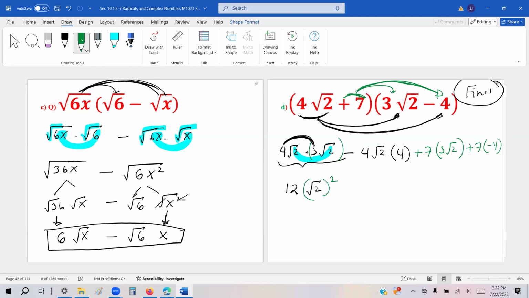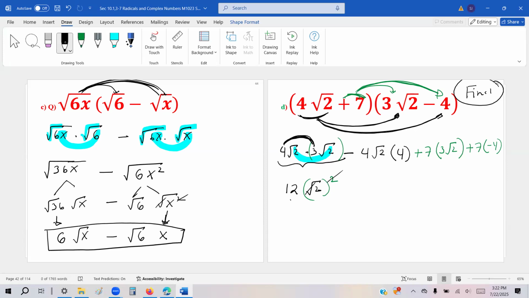Yes, you can multiply 2 times 2, but sometimes they tend to give big numbers. Like instead of 2, they give 23. So if you multiply 23 times 23, then you have to know what is the square root of 23 times 23, you get lost. That's why if you have the same inside, don't multiply them. Just use power. Why? Because we can easily cancel the radical with the power. Life becomes easy.